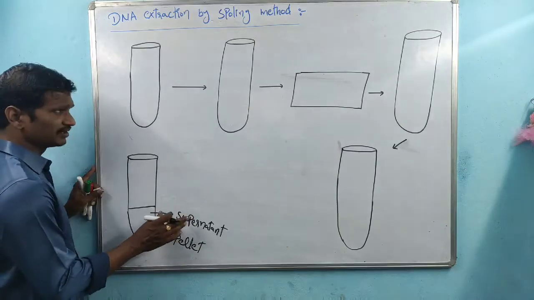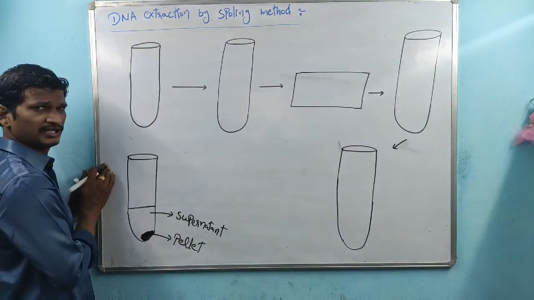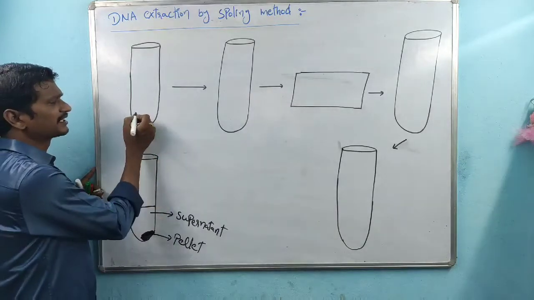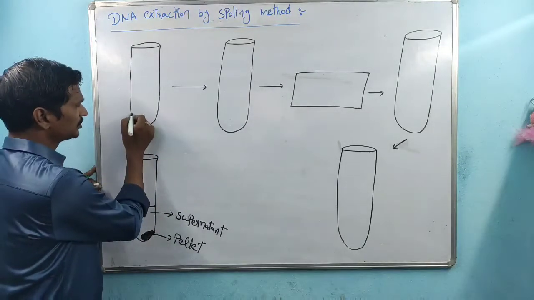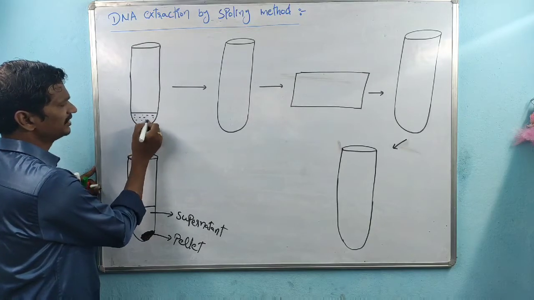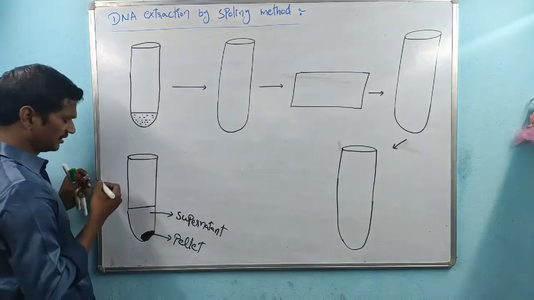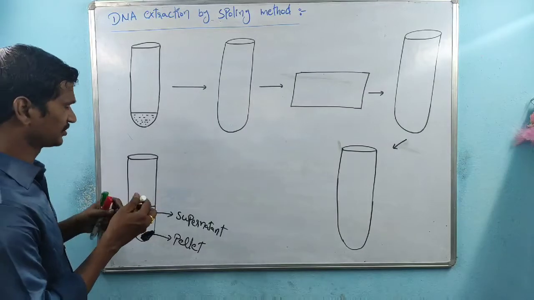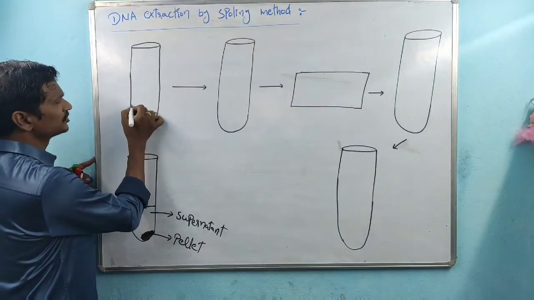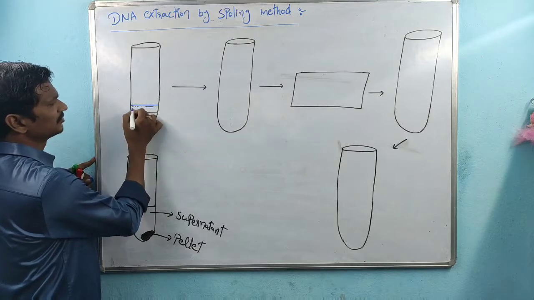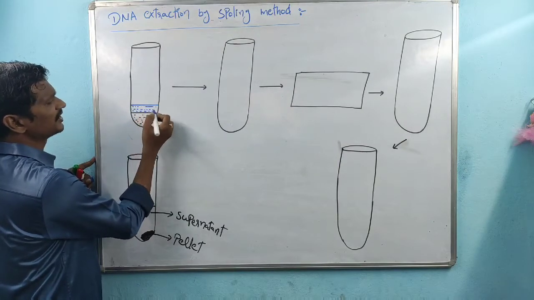For the next step, after the centrifugation process, we are collecting the supernatant. We have collected the supernatant. After that, we are adding NaCl solution. The addition of NaCl solution occurs very slowly.